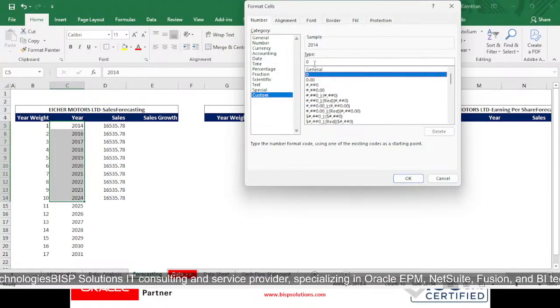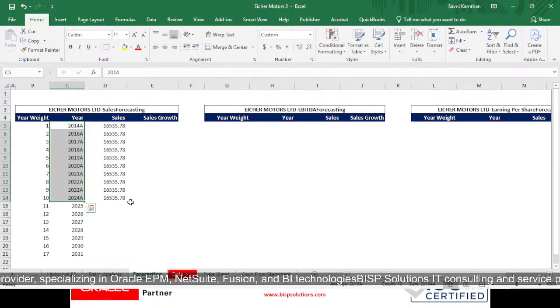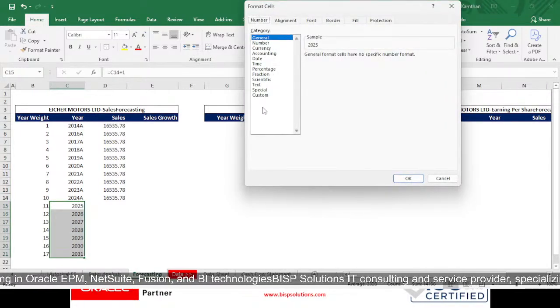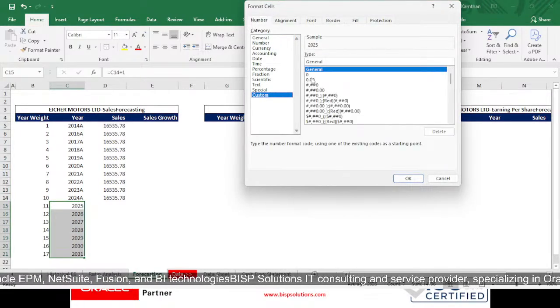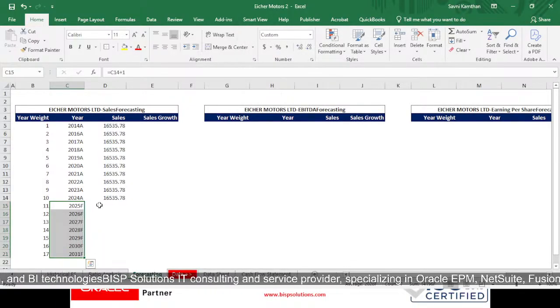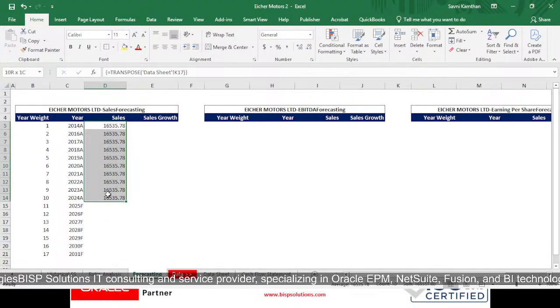If we are having 0, we will be writing A over here, so that we will get knowledge that this is the actual data and this is the forecasted data. So for the same thing we will be doing custom again, and F for forecasting, and OK. So this is our forecasting data and this is our actual data.